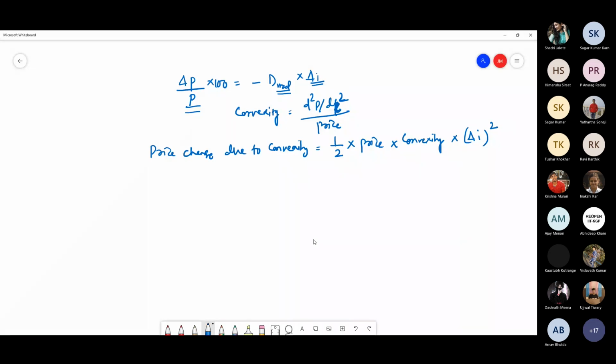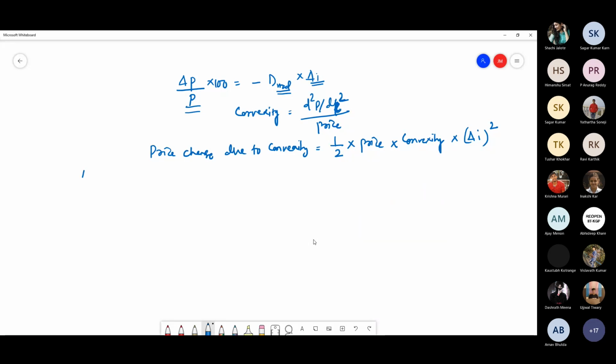Now let us take one example, because the total price change is linked to both the duration and convexity of a particular bond. We have to understand what the total price change of a bond is if there is a change in the interest rate. Let there be a bond.